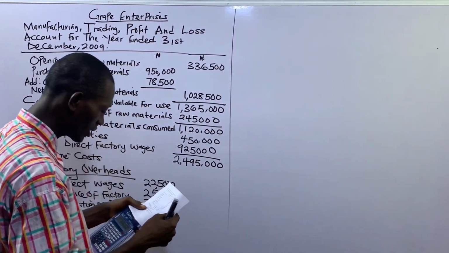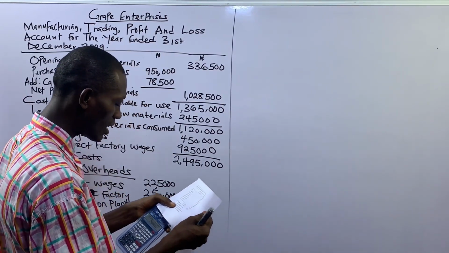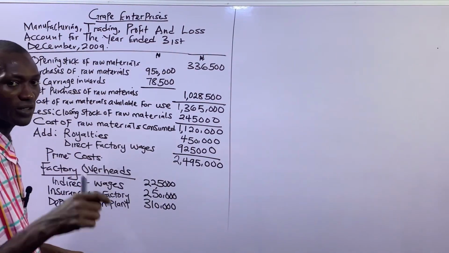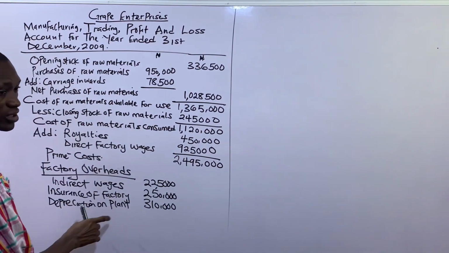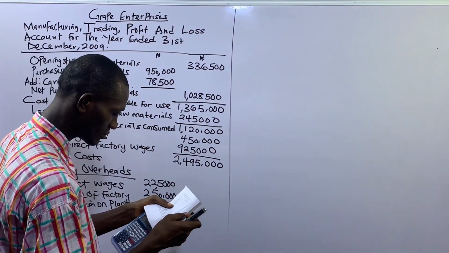Then if we check the additional information, that's additional information B. Half of general expenses relates to the factory. So general expenses, half of it will be charged to the factory overheads. That's what that means. And general expenses is given as 300,000.